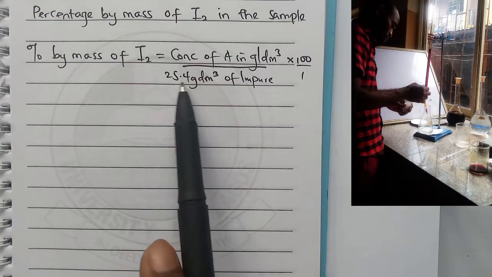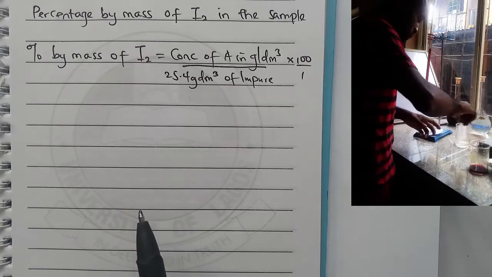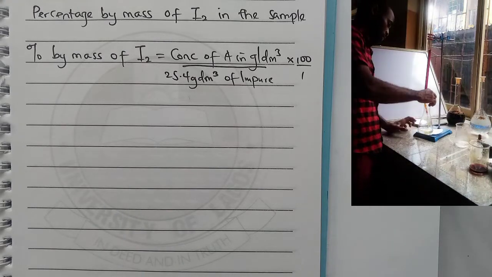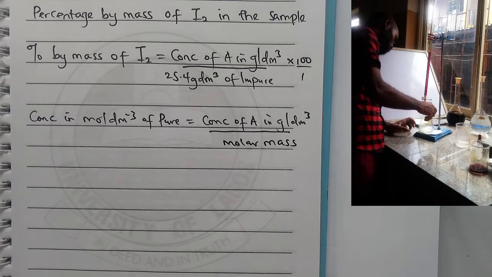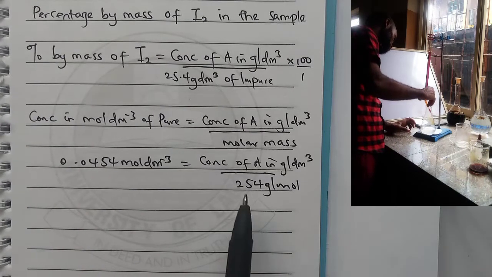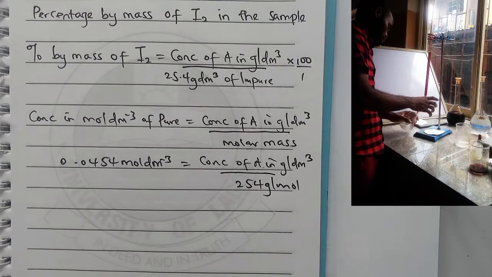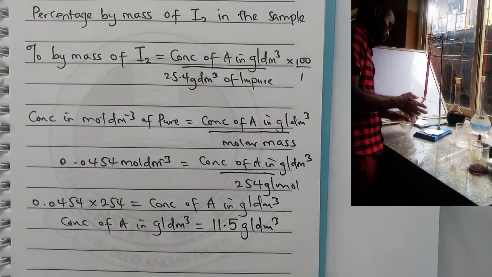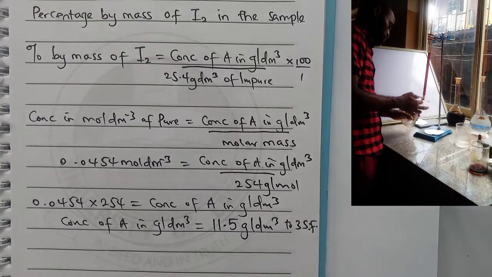You're supposed to know this value. This is the impure value, the 25.4 gram in the statement, as you can see on the screen. The molar mass is 127 times 2. If we make the subject of the formula the concentration of A in gram, this will move over here, so the value becomes approximately, to 3 significant figures, this.